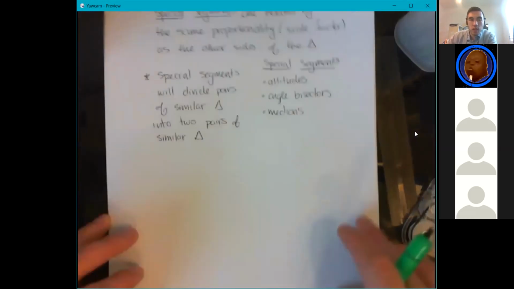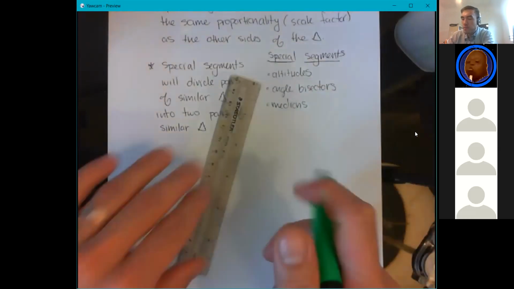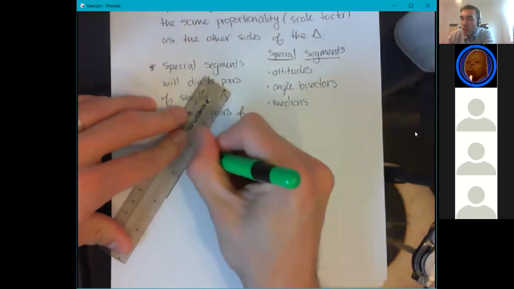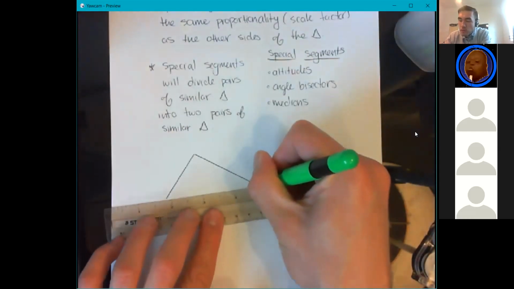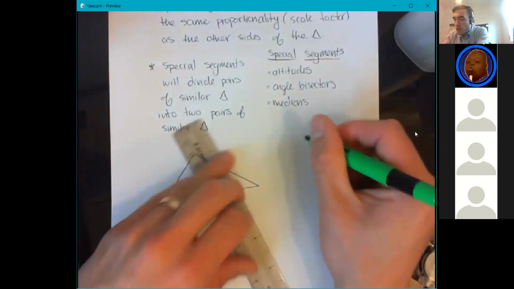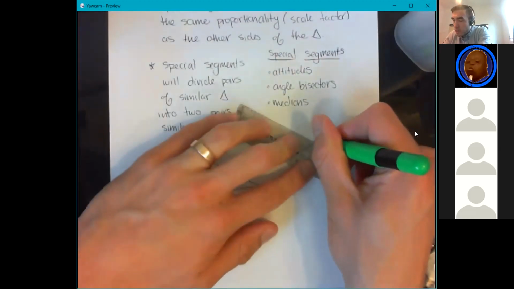So to illustrate this notion, let's say I have two similar triangles, a big one and a little one, and they're related by a scale factor, which for the sake of simplicity is a to b. We don't really care about what this number is. All that we know is that they are similar.